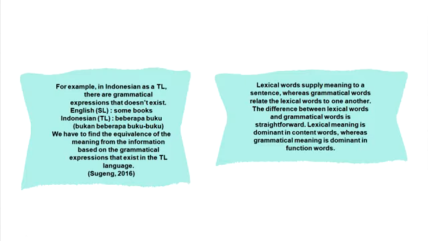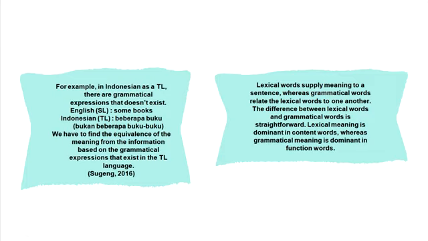For example, in Indonesian as a target language, there are grammatical expressions that don't exist. In English, for example, we have some books, and translated into Indonesian, it is beberapa buku, not beberapa buku-buku. So we have to find the equivalence of the meaning from the information based on the grammatical expressions that exist in the target language.